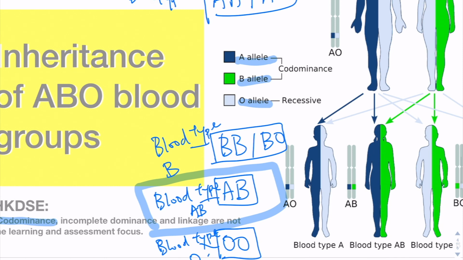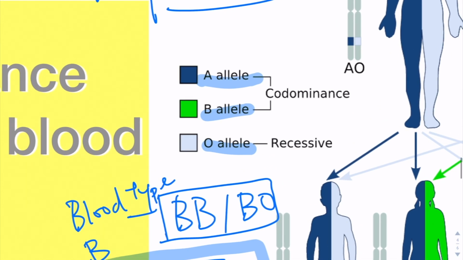In the ABO blood group system, the symbols for the alleles are not just the letters A, B or O. When we draw the genetic diagram, the A allele is written as capital letter I with a capital letter A on the top right corner.